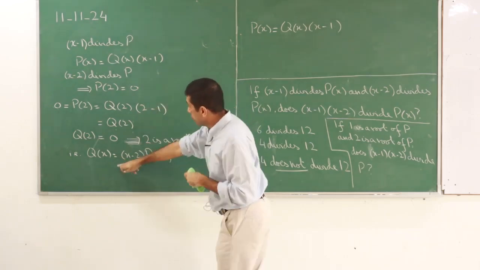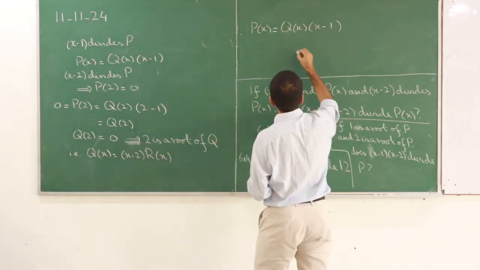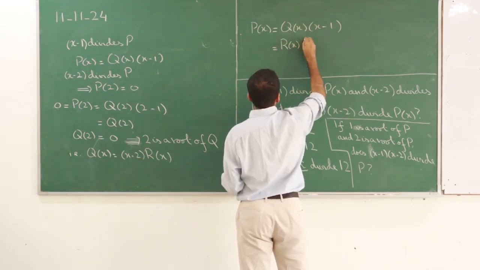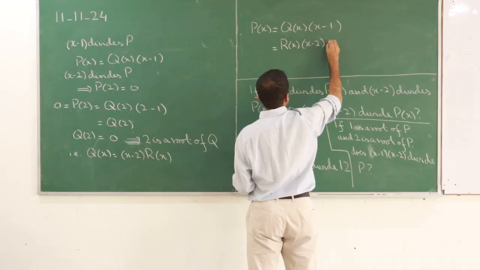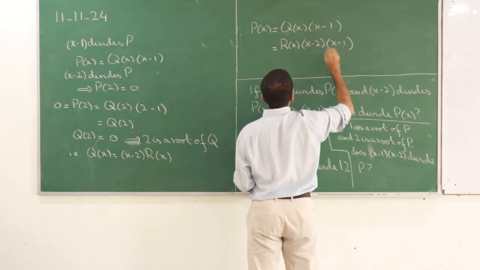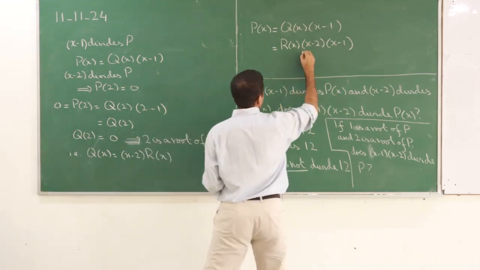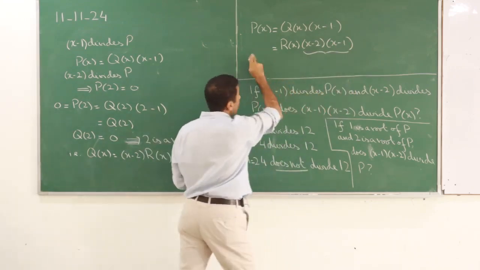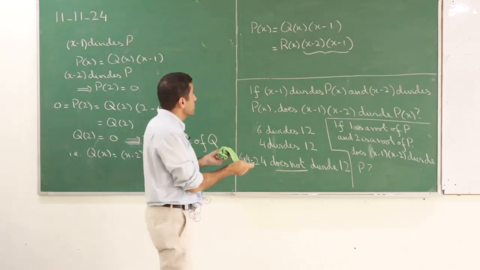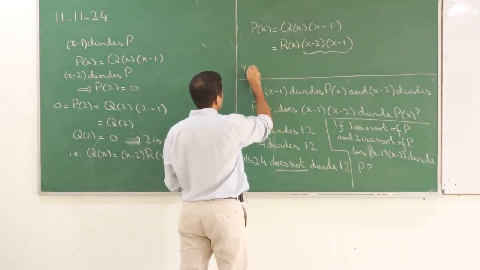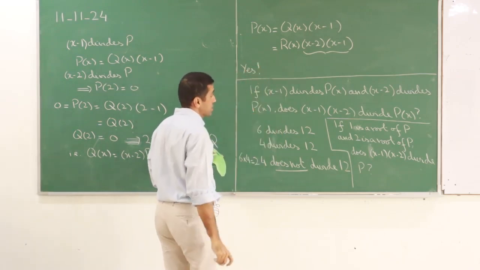But q of x is equal to x minus 2 into r of x, so I can write p of x as r of x into x minus 2 into x minus 1. So now you can see that this product divides p of x, and that's the question. We asked this question and the answer is yes, it does.